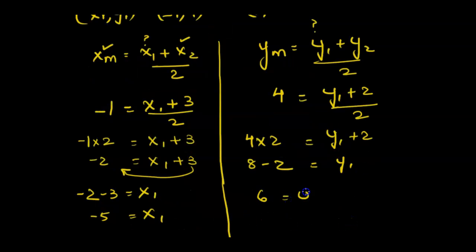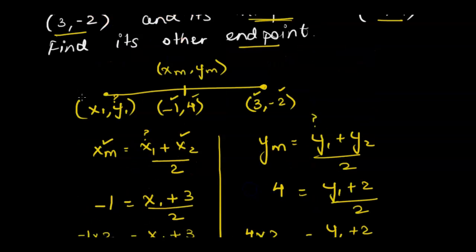That is equal to 6. Now the coordinate that we are looking for, or the other endpoint, is -5, 6. And we can write that here, -5, 6. And this is our final answer. And this is how we solve different types of questions when we are given the midpoint and the endpoint is unknown, or we are given endpoints and the midpoint is unknown.